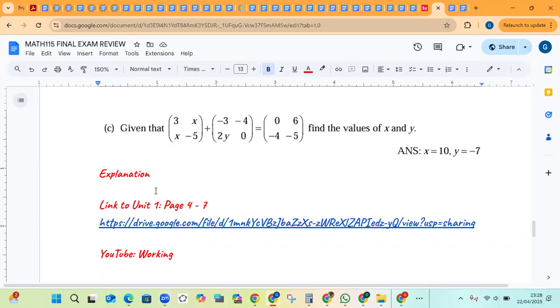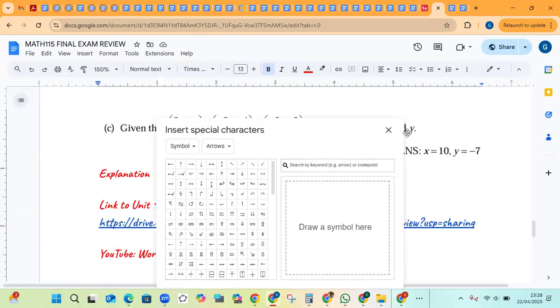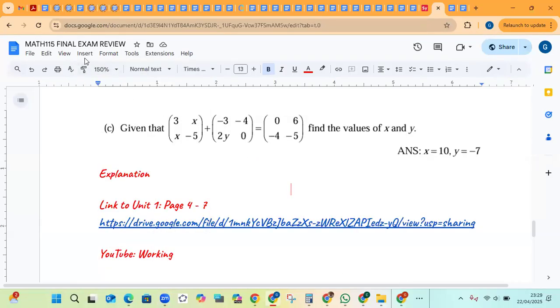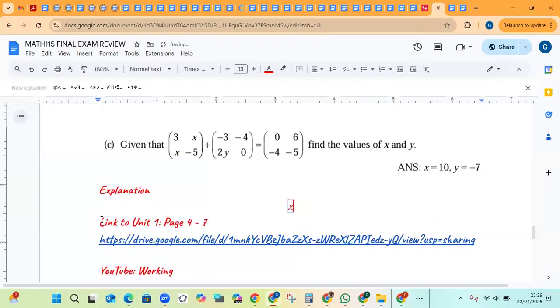Now we are going to add. X plus -4 is equal to 6, because x and -4 are corresponding elements, and 6 is a corresponding element.